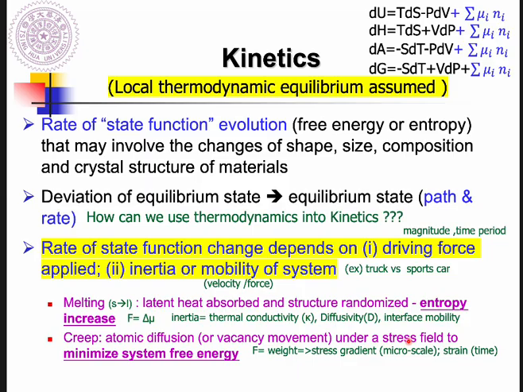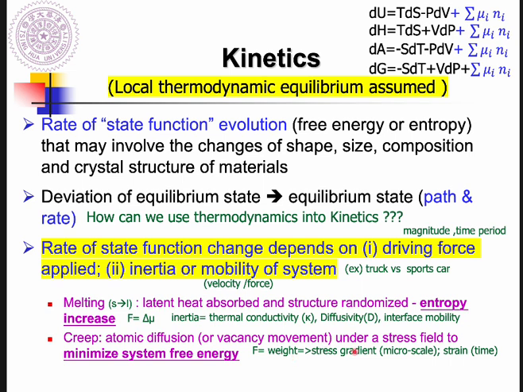And as time increases, because you have a stress gradient, that will lead the atoms to move from the compressive region to the tensile region to minimize system energy. So the metal bar gets longer and longer. This is what we call creep. So the driving force will be the weight, which leads to the stress gradient.